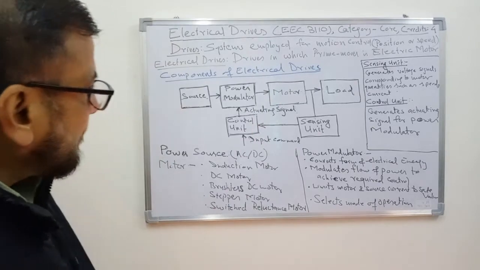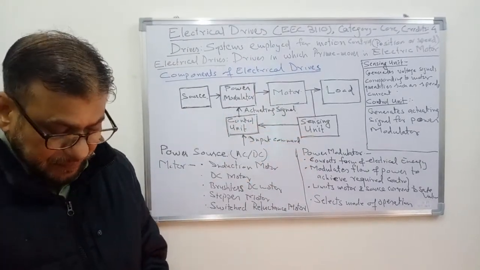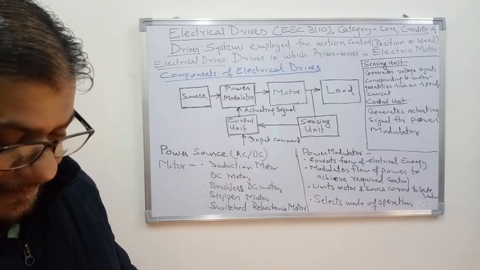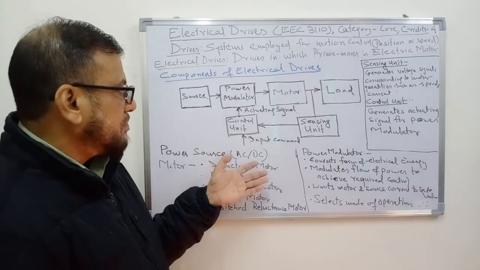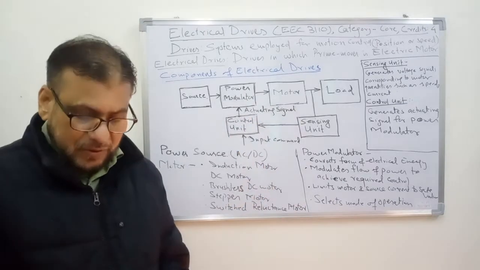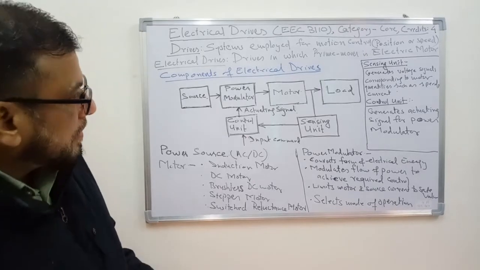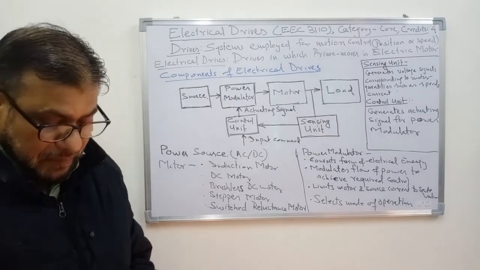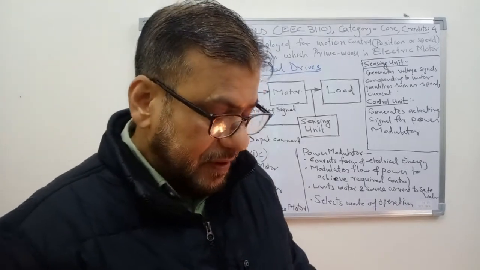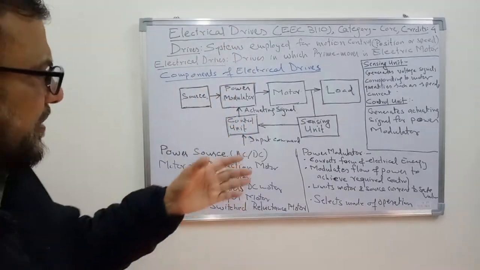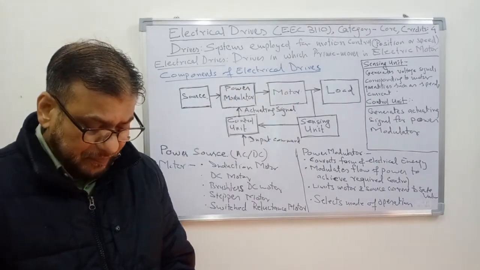Then various methods of braking, electrical braking of motor will be discussed here. That is, we shall discuss the methods of speed control, that is voltage control, frequency control, or pole changing method, or amplitude modulation, and the rotor resistance control. So basic methods of speed control will be discussed in this unit.